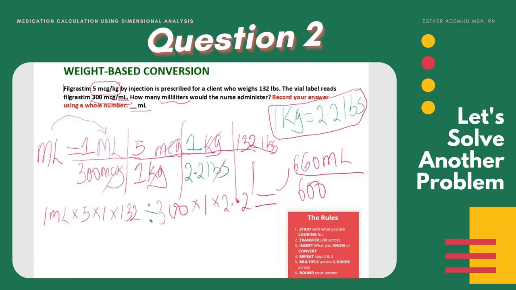So 660 divided by 660, you should have a final answer as 1 milliliter. And this is already in a whole number because that's the final step, rounding your answer. It's already in a whole number, and we're going to go ahead and stop right there.